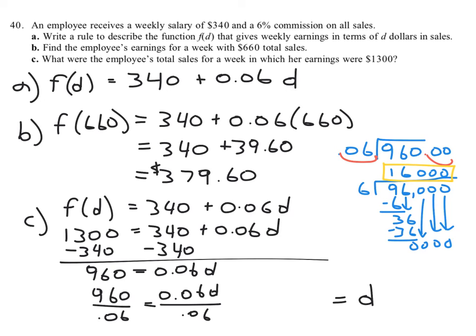So d, the amount of sales that this person must have made in order to go home with $1,300, was $16,000 in sales. Which would result in $960 in commission, and then when added to the base pay of $340, will total the $1,300 that they made.